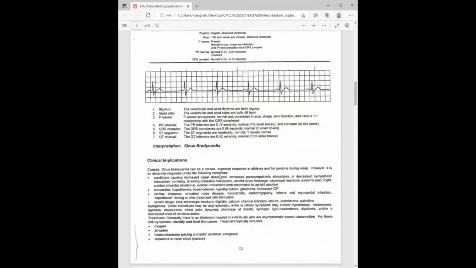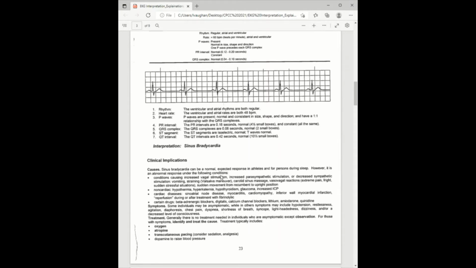So sinus bradycardia, we know it can be normal and an expected response in athletes and during sleep. So if I have somebody who's young and athletic and they come in and I'm the nurse taking their vital signs and their heart rate is really slow, I'm not going to think it's something bad unless it's coming with other symptoms, like if they're pale or lightheaded.